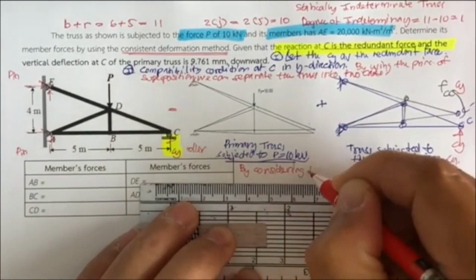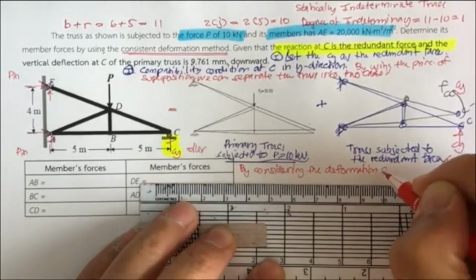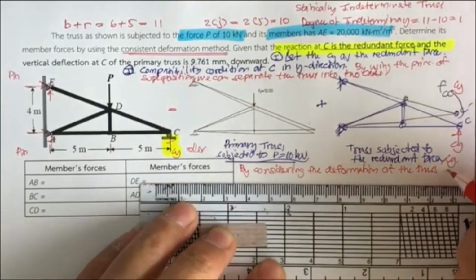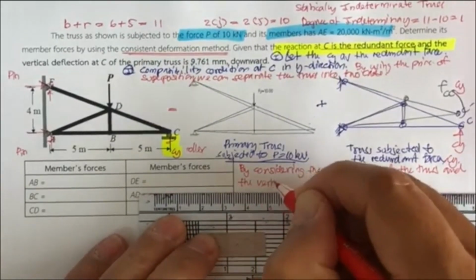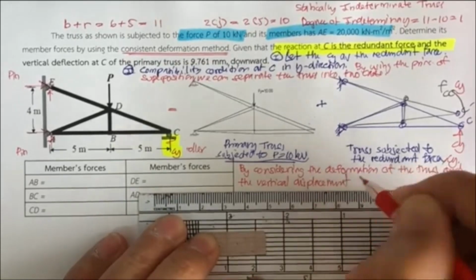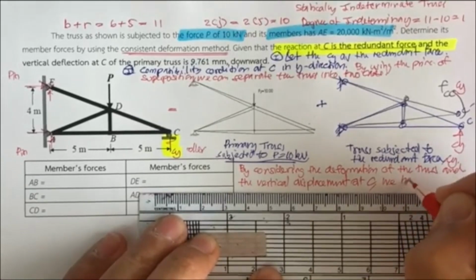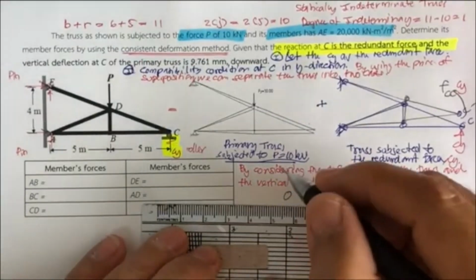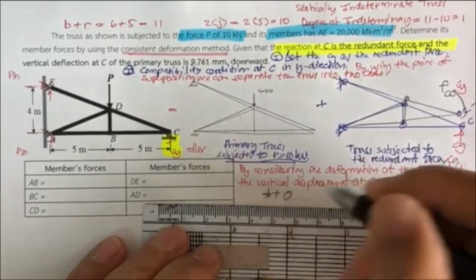Okay, by considering the deformation of the truss and the vertical displacement at C, we have this one 0, and let downward be positive.